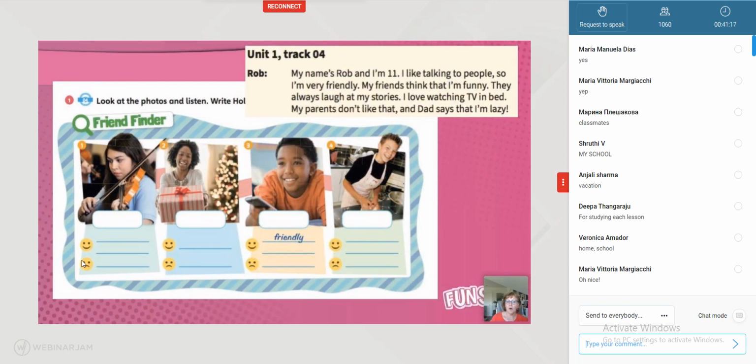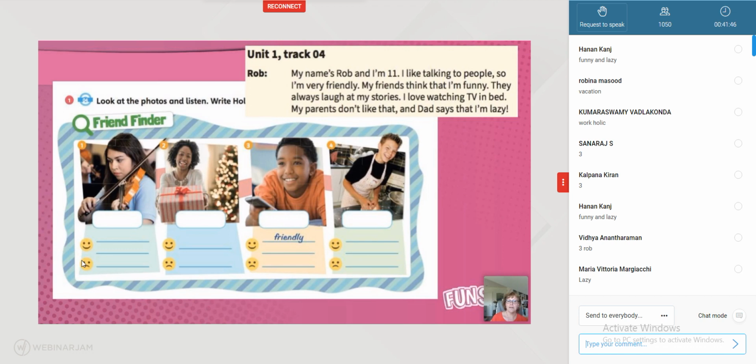So his name is Rob and he's 11, and he talks about what he likes, and he also mentions something. You can see the unsmiley face at the bottom under the picture of Rob there. So he's a bit lazy. Okay, so we can write lazy there, and we could write funny on the line under friendly.